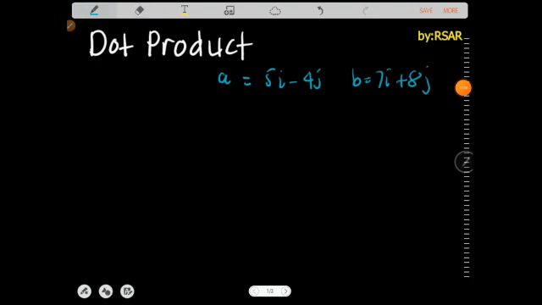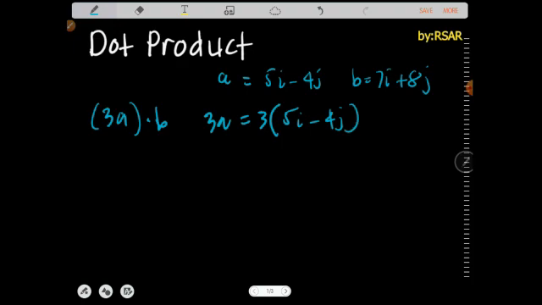So, how about this equation? The quantity 3A dot B. When you do this, first compute the 3A. 3A is equal to 3 times the vector A, 5i minus 4j. By the distributive property, that is 15i minus 12j.